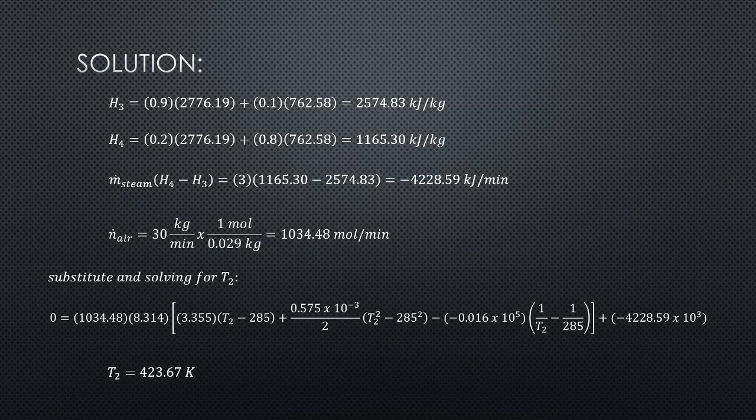And then we also get the molar flow rate of the airstream, that is the given 30 kilograms per minute times the molar mass. So we get 1034.48 moles per minute. And then substituting all of these values to our previous equation, we ultimately get the T2 or the final temperature of the airstream, that is 423.67 Kelvin.